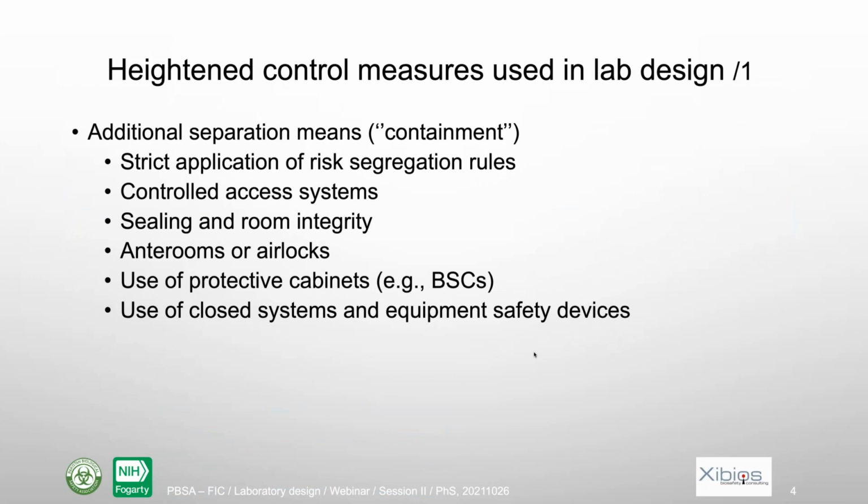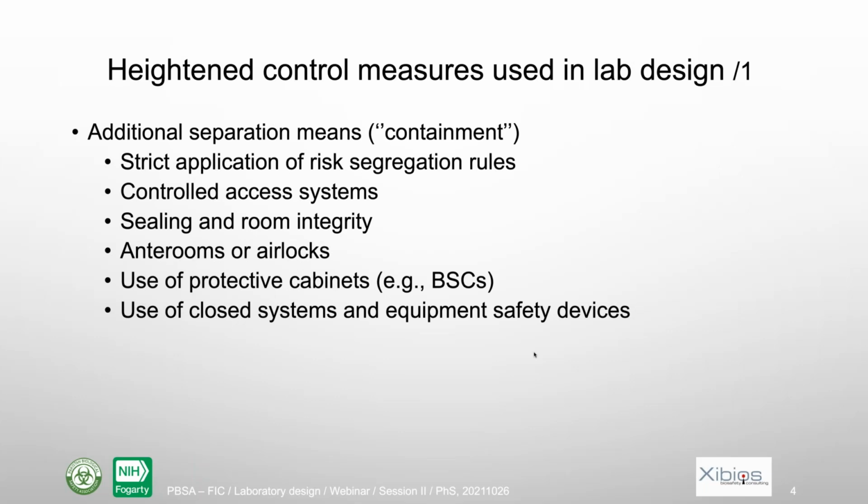So if we think about having more stringent higher control measures in laboratory design, we may think of different main options. The first one would be to add some additional separation means, some more containment. For that, we could simply apply the segregation rules in a more strict way. We could also have more sophisticated access control systems like electronic access control systems.